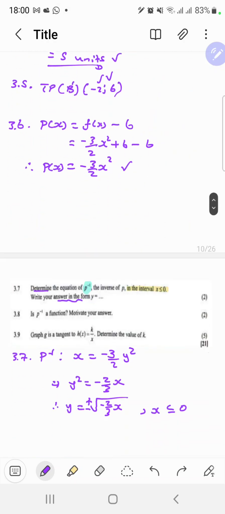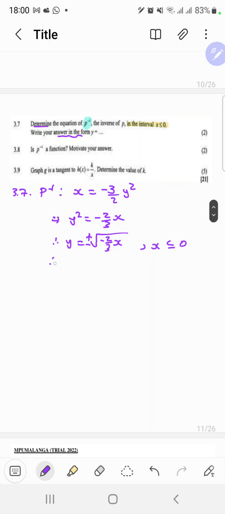So this inverse function is basically going to be this one, the negative one, because it will have to carry the restriction that was given there. So this is minus the square root of 2 over 3x. This makes sense because when x is less than 0, we know that there will be no negative under the square root sign, but we just have to be careful to choose that negative, because if we are restricting the domain on the parent, we literally are restricting the range on the inverse.